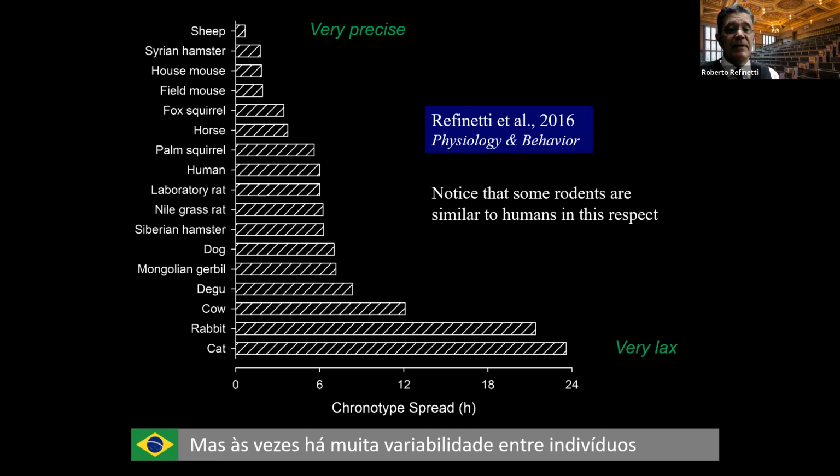Most people wake up in that window. And as you see here, this squirrel is very similar, as are the laboratory rat, Nile grass rat, and Siberian hamster. They're very similar to humans. Not all. The Syrian hamster is down here, degu further away. But anyway, some of the rodents are very similar to humans in that respect.